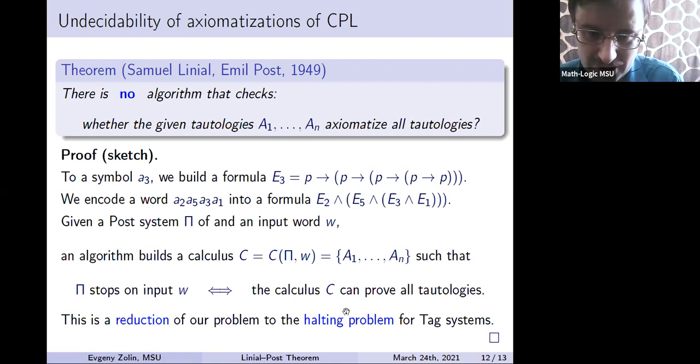So the reduction is in the converse order. Okay, so this is the basic idea. Some more details are in the lecture notes, but all details can be checked in the corresponding published papers.